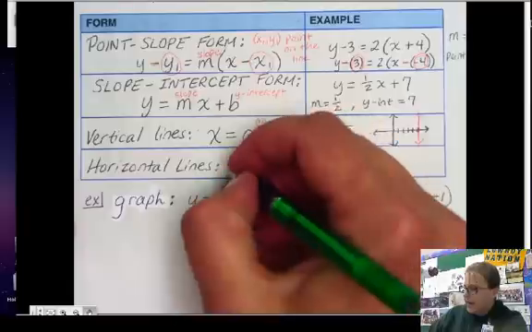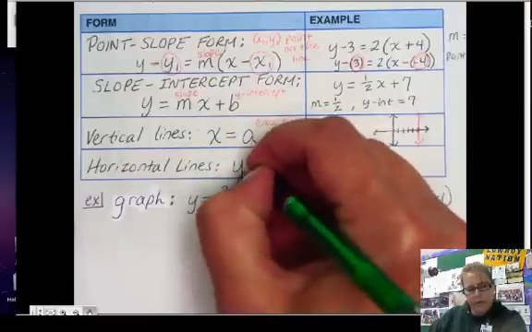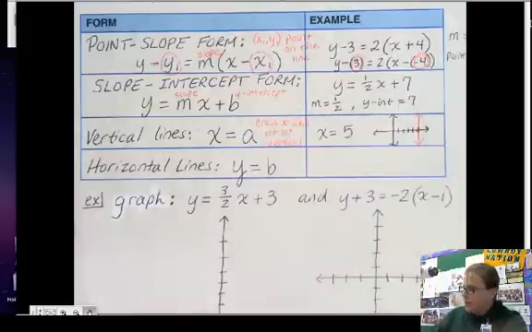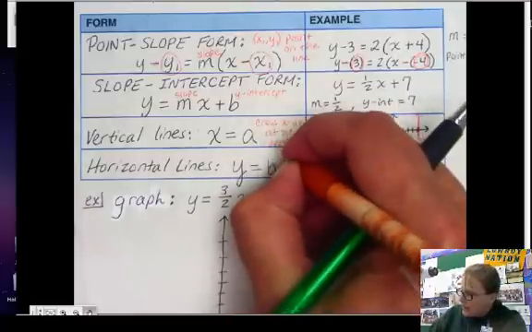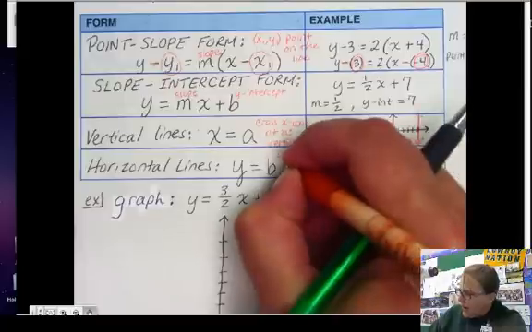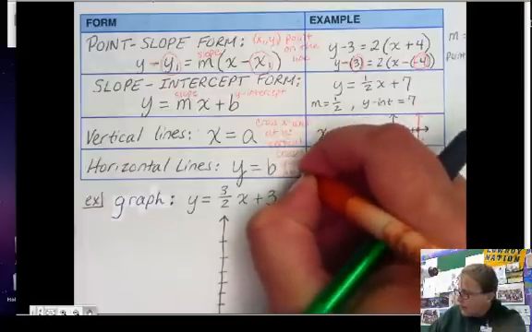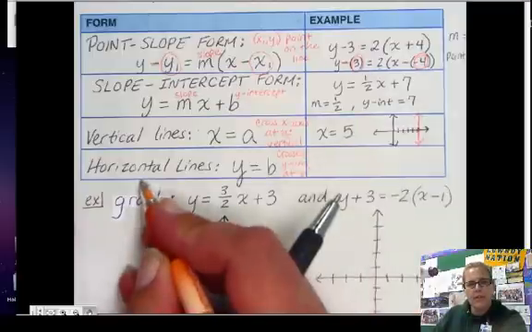Horizontal lines are in the form y equals a number, and instead of a, I'm going to say b. And so what it does is it crosses the y-axis at b, and it is horizontal.